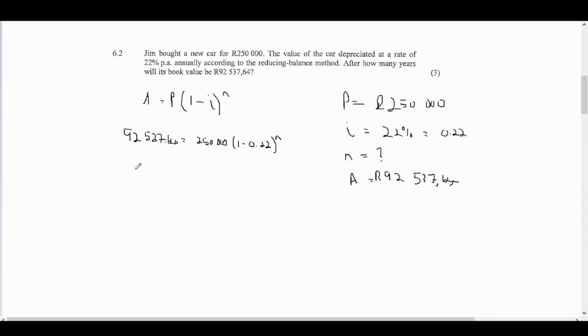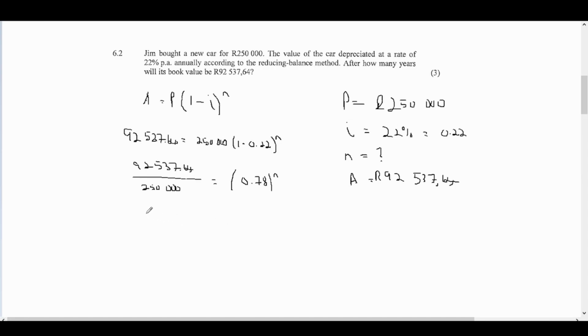So this becomes 92,537.64 divided by 250,000 equals 1 minus 0.22 is just 0.78 to the n. How do we get our n by itself? We introduce logs on both sides.